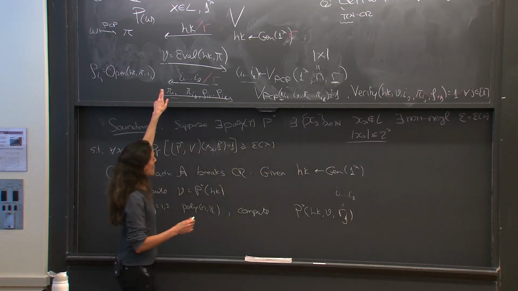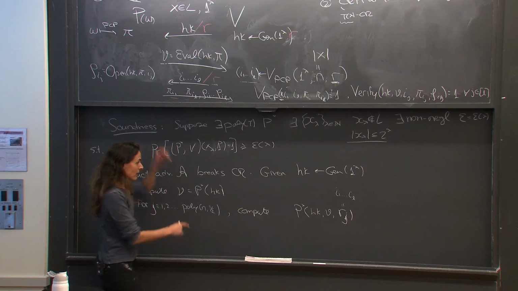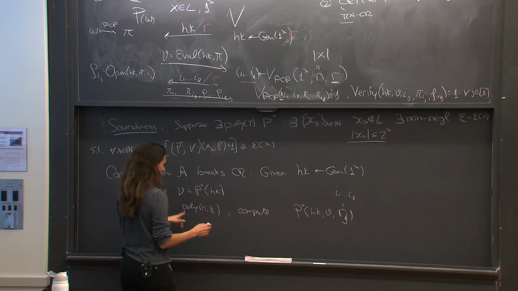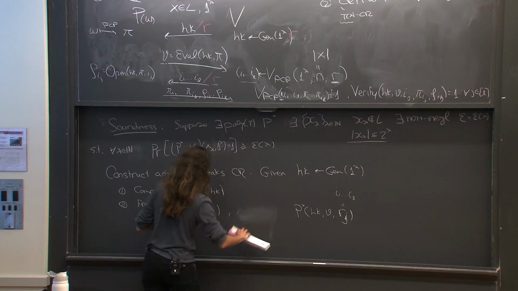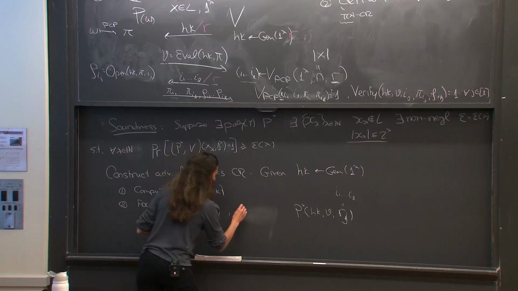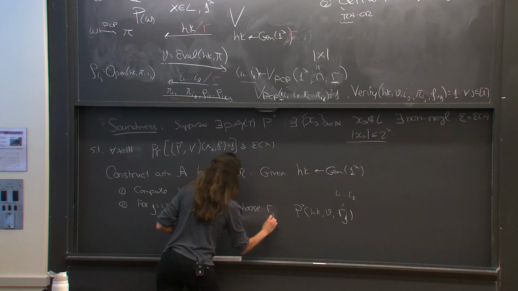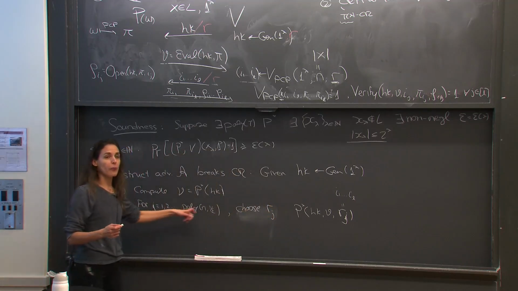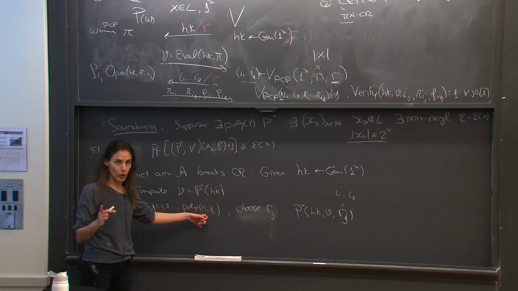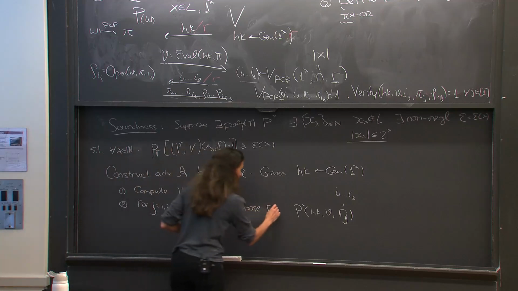Okay, so I'm going to run many times. I'm going to choose many R's. Sorry, for j from 1, 2, up to poly in n and 1 over epsilon, I choose a random Rj.